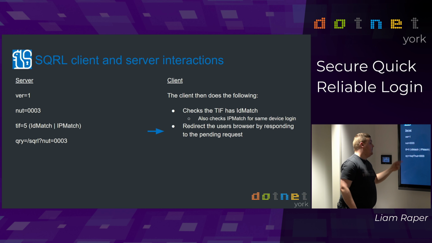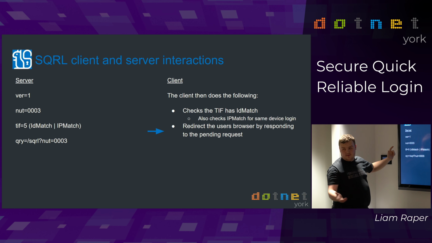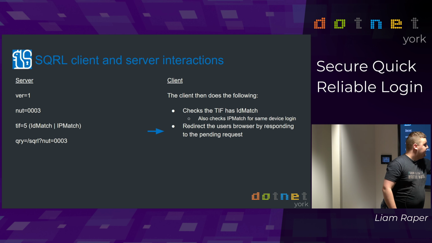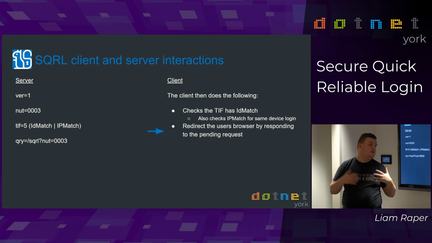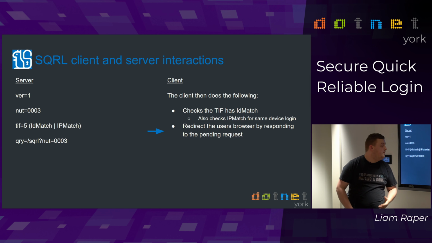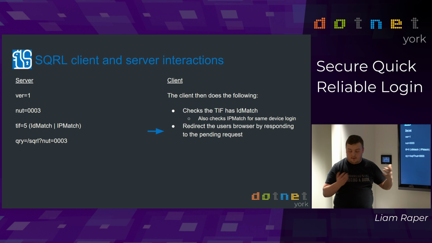So then the server responds again, a new nut, the same TIF, because, yep, nothing really changed. And then the client checks the TIF, checks the IP match and the ID match are there, redirects the user's browser. So using that open connection that we always have, we're in the same device login, we redirect the browser, and then the user is logged in.